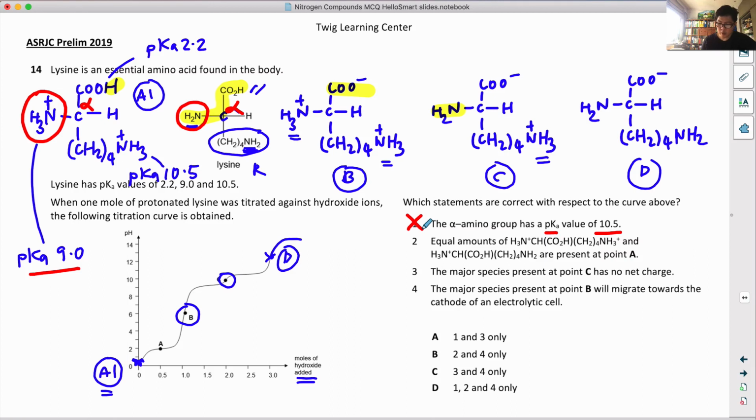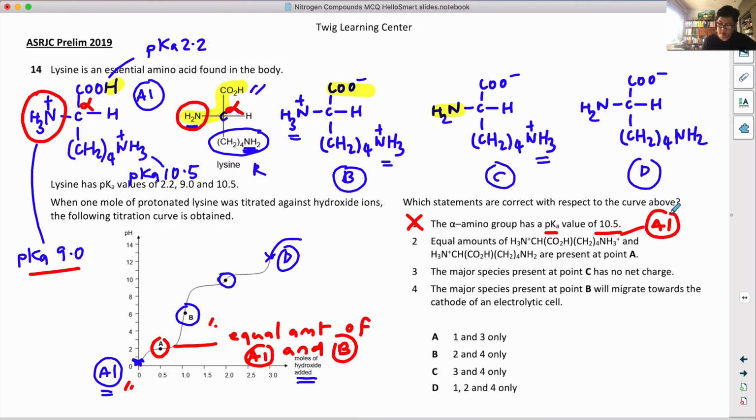Equal amounts of these two were present at point A. At point A, you have an equal concentration of A1 and B. I can see that this is A1, the one they've drawn, but this one looks a bit strange.